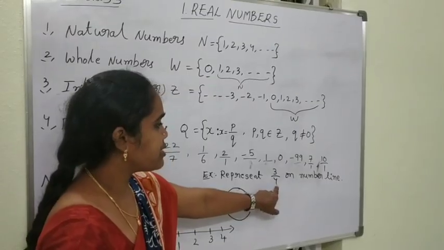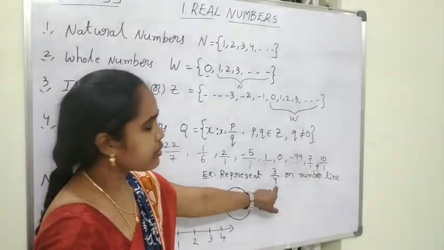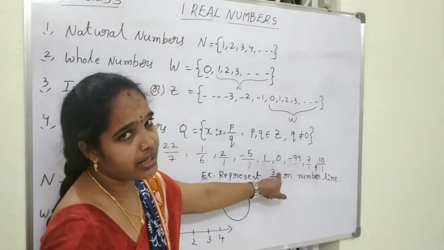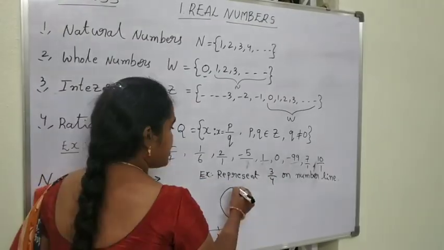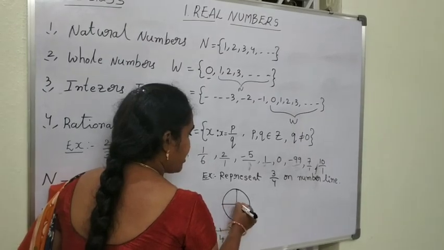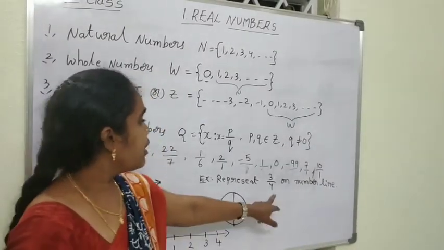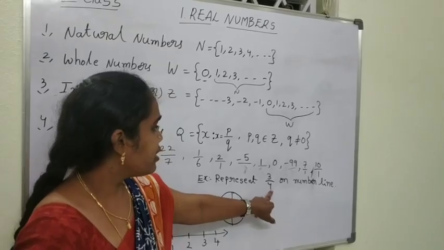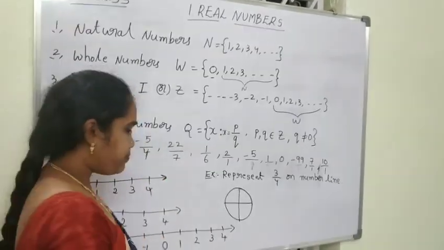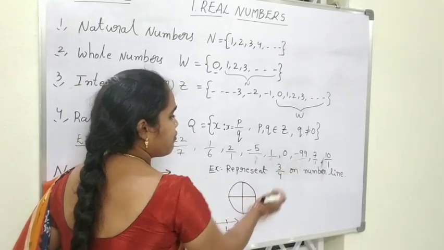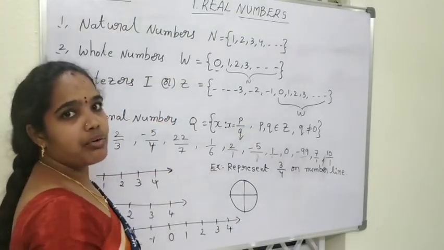So how many parts divided? 4 parts. And how many parts are taken? 3 parts. So this is a cake. We have to divide it into 4 parts. The denominator always shows the number of parts into which we divide the cake. 4 parts, 3 by 4. So 3 parts we have to shade.